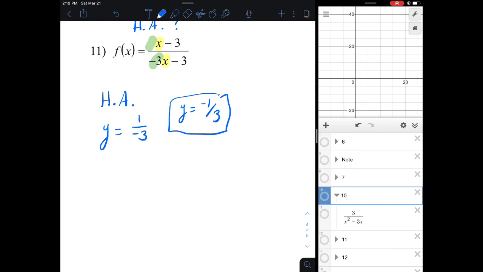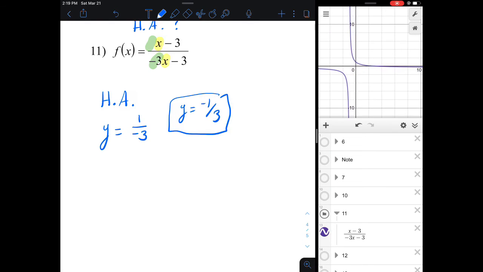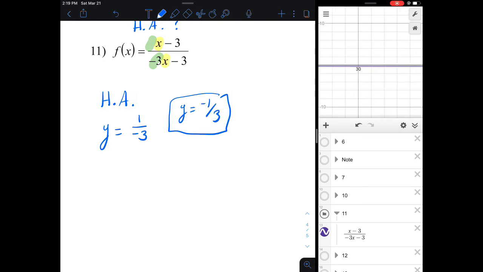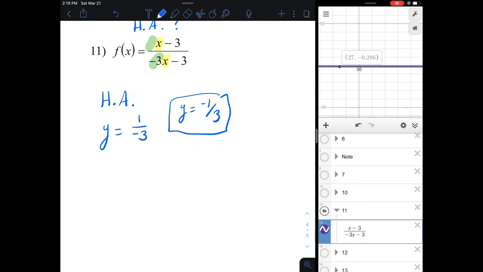Now, let's look at this problem graphically. So, number 11, I'm going to graph x minus 3 over 3x, or excuse me, negative 3x minus 3. We graph it, and we want to say, well, what is it getting close to? And I see that it does get beneath the x-axis here. Now, I'm going to start tracing and see. I'm only at negative 0.294.